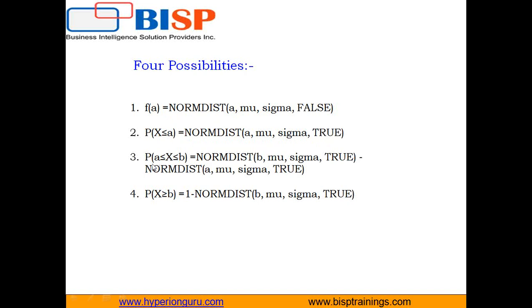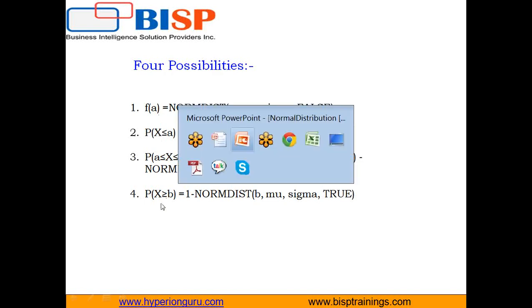If the value of x lies between two variables a and b, then the norm_dist value of b, where cumulative is true, is minus the norm_dist value of a with cumulative value true. And if x is greater than or equal to b, then it will be calculated as 1 minus norm_dist of b, mean, sigma, and cumulative true. So these are the four possibilities of this function according to these values.